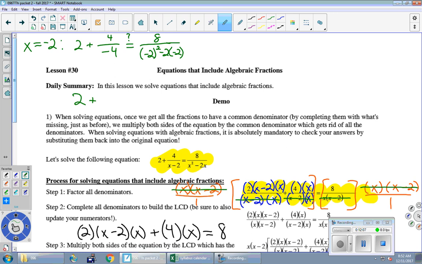Over -4, -1, equals, still with a question mark, 8 over, all right, let's do the arithmetic carefully here. Is this -2 squared positive or -4? That's +4. How about over here? Plus or -4? That's also plus because it's a minus and a minus, right? So it's 4 plus 4, which is 8. Yes? Just being very careful with the signs.